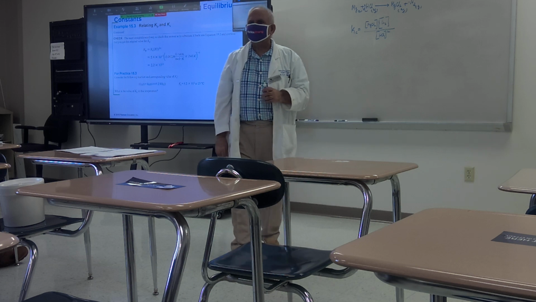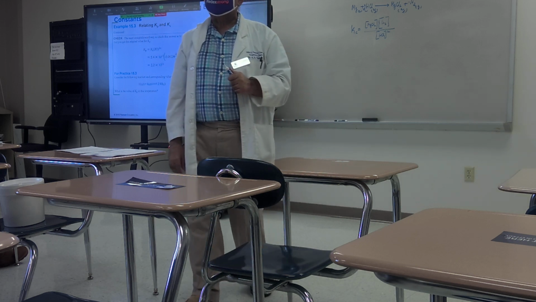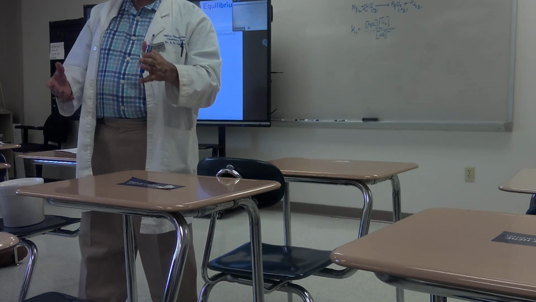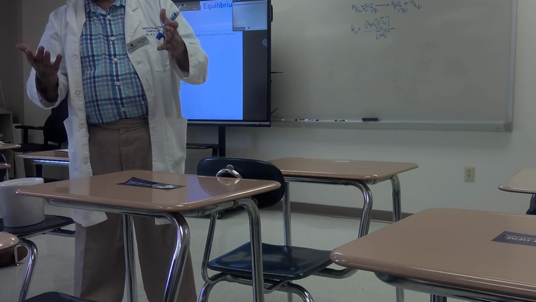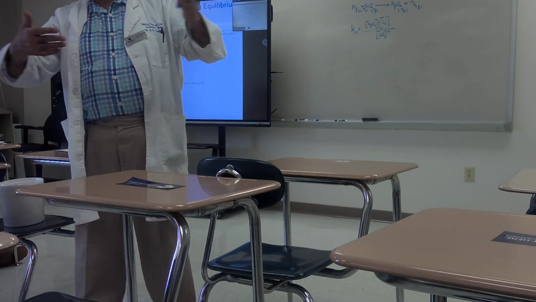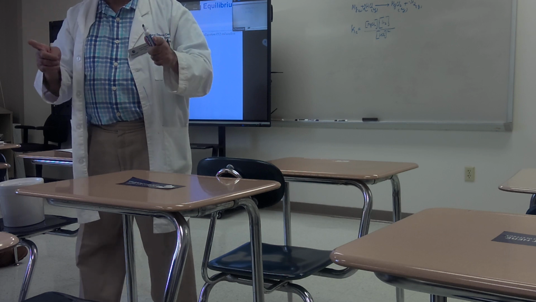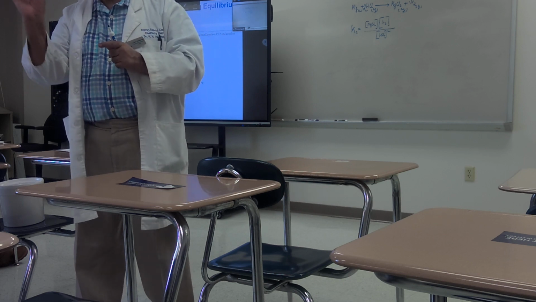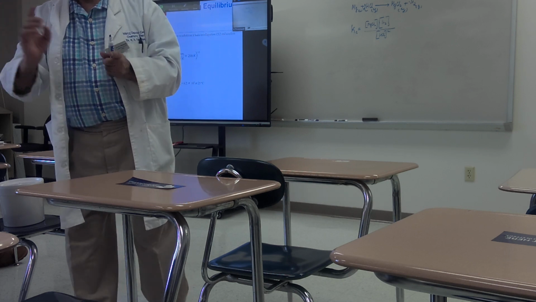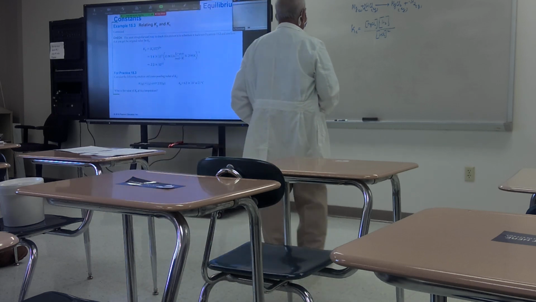When you write the equilibrium constant expression for a reaction consisting of solids, on the product side or on the reactant side, if there are solids, you do not show them in the equation. Is it clear? So this is the correct equation.